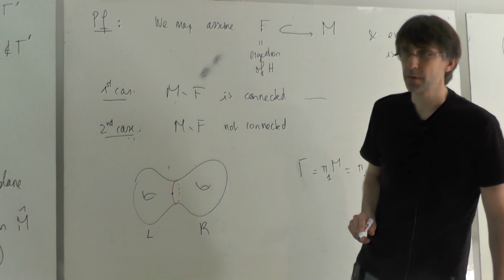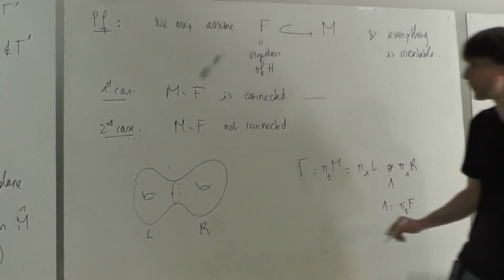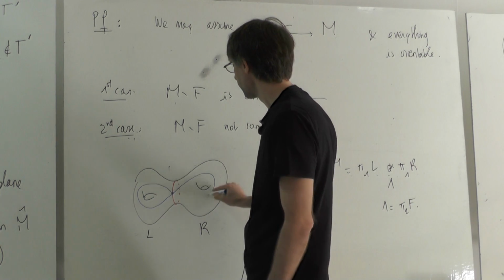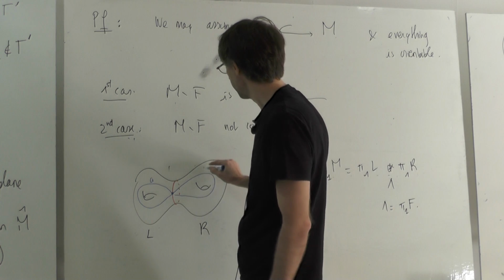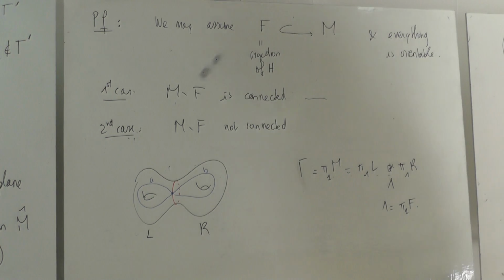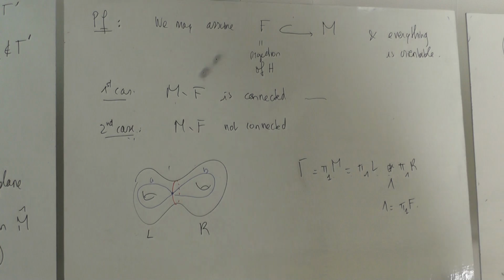Okay? So we have this, and we will use that there are non-trivial elements on both sides, let's call them A and B. So why is it true? That's part of the fact that you are a hyperbolic manifold. How do you prove that there are elements on both sides?